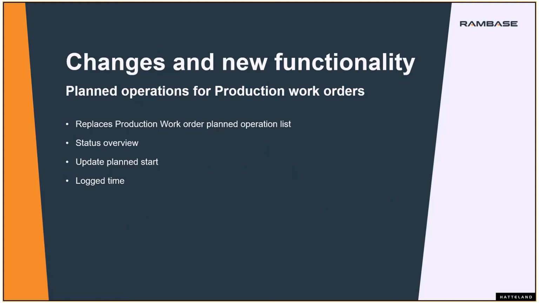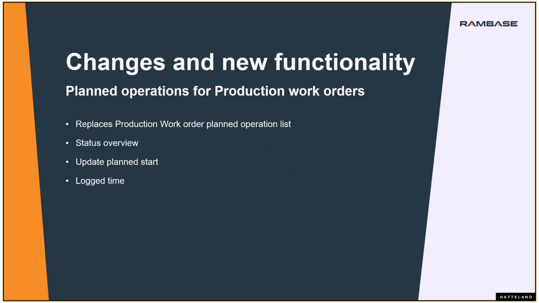One of the big changes is that there's a possibility to update planned start date on operations that are not started on. Calculations on time, both log time and total time remaining, will now also include times from both the pre and post processes.